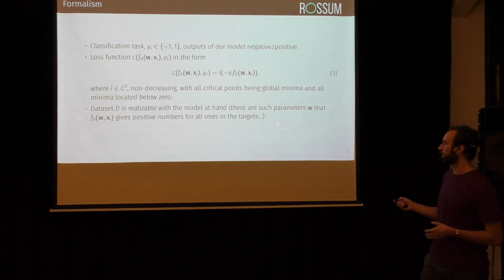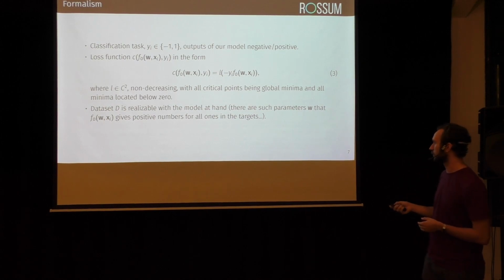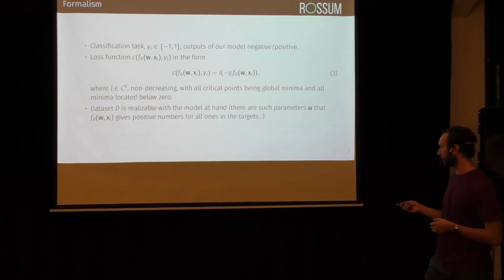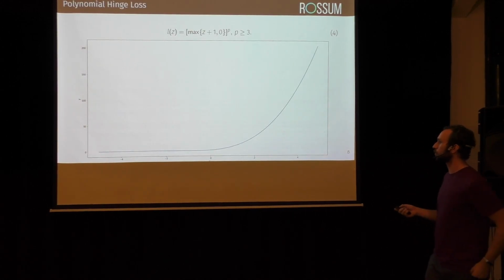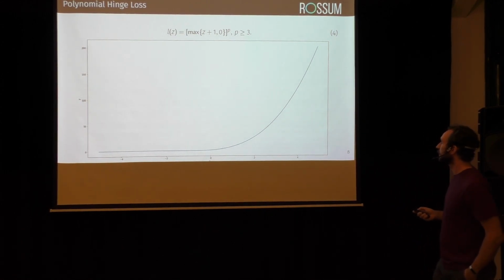It turns out that you can get rid of this assumption if you assume this function to be convex. So it's up to you what you choose as your assumptions, but this is what we're going to work with for now.